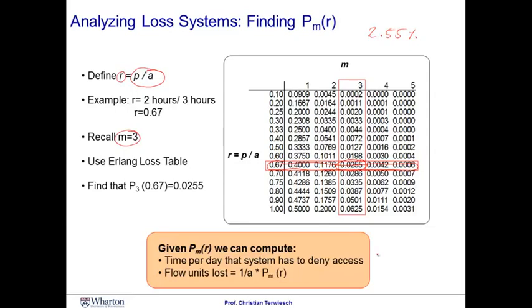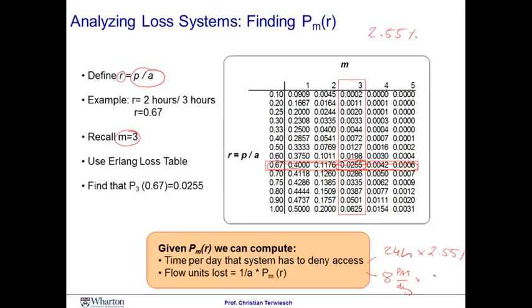If you want to figure out what percentage of the time in the day the hospital is on diversion, just multiply 24 hours with 2.55%. If you want to figure out how many patients you're going to lose because of diversion, remember that we have a patient arriving every 8 units of time, which is 1 every 3 hours, so 8 patients per day.